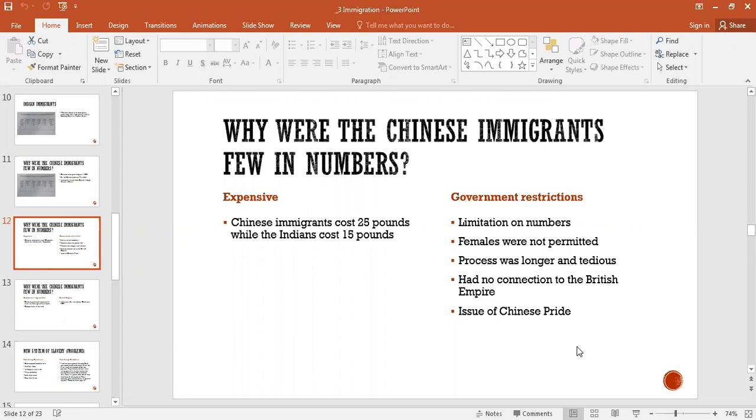And so, although the Chinese government at this time were not as developed, they had some form of pride in themselves, national pride, and they felt that Chinese nationals should devote all their time to rebuilding China or build China and not other countries. And so that was also another reason for few immigrants.